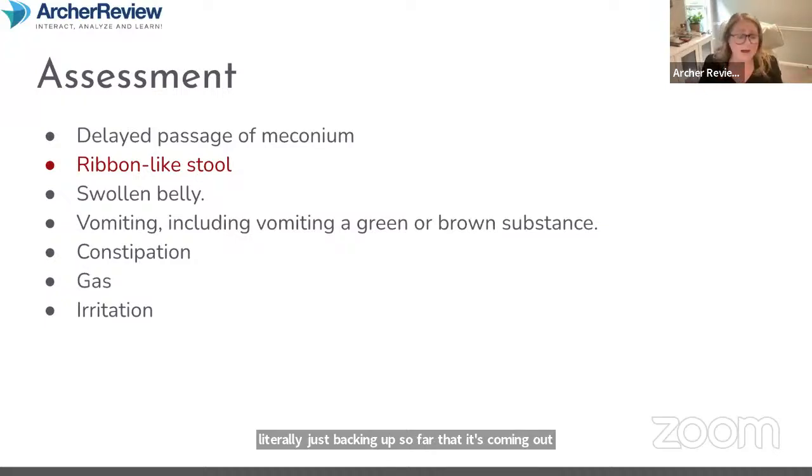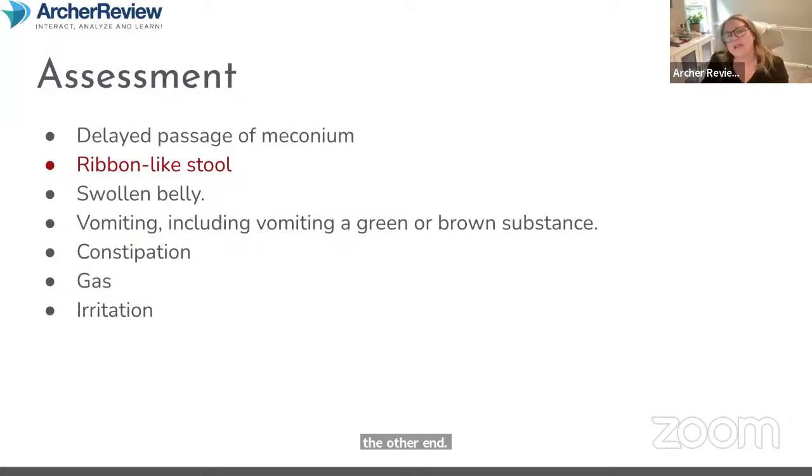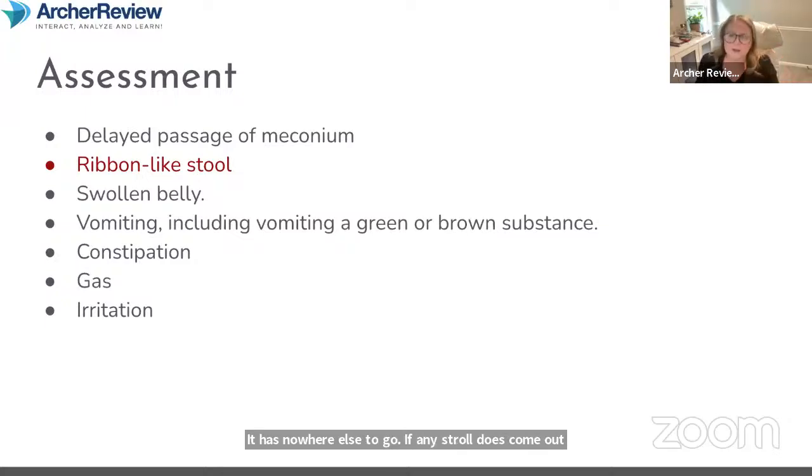It has nowhere else to go. If any stool does come out the other end, it's going to be this ribbon-like stool because it's not peristalsis pushing a bowel movement through, it's just gravity kind of pulling some of that out. So ribbon-like stool, that's your key buzzword for Hirschsprung's disease.